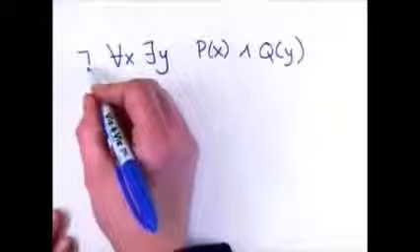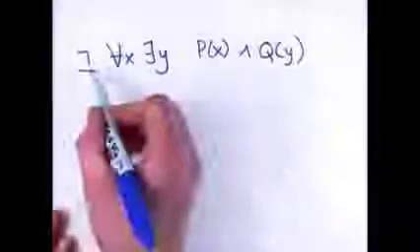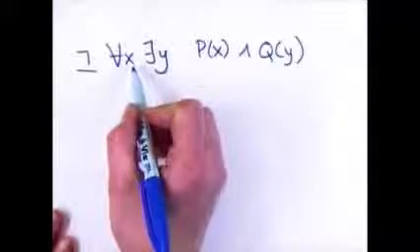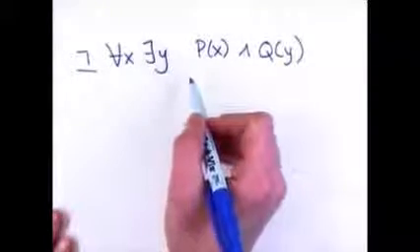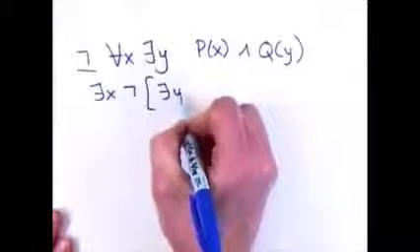So in this case, suppose I want to do DeMorgan's on this statement. What would I do? I would change the for all into there exists and then negate the contents, right? So I would get there exists x, not the rest of the stuff.